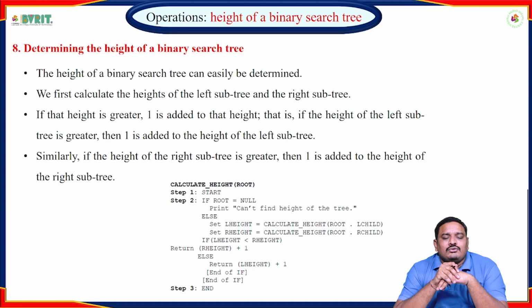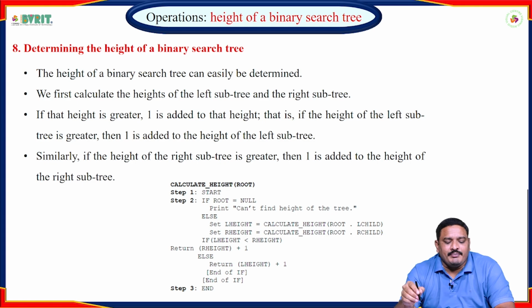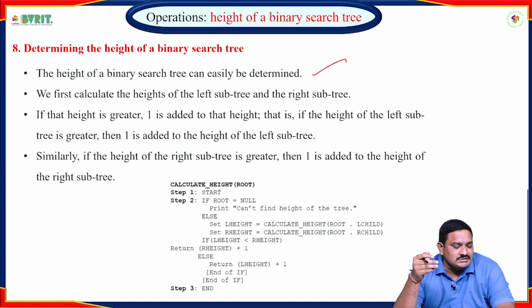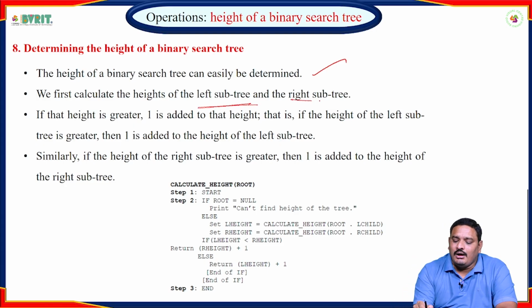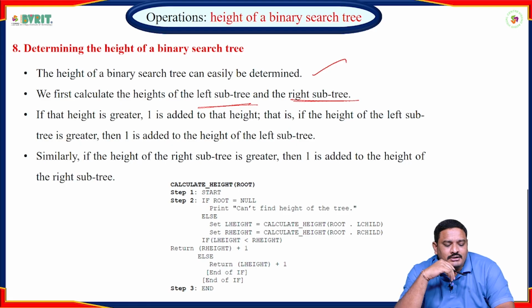Next is to determine the height of the binary search tree. The height of the binary search tree is easily determined. First, you calculate the height of the left subtree and the height of the right subtree.